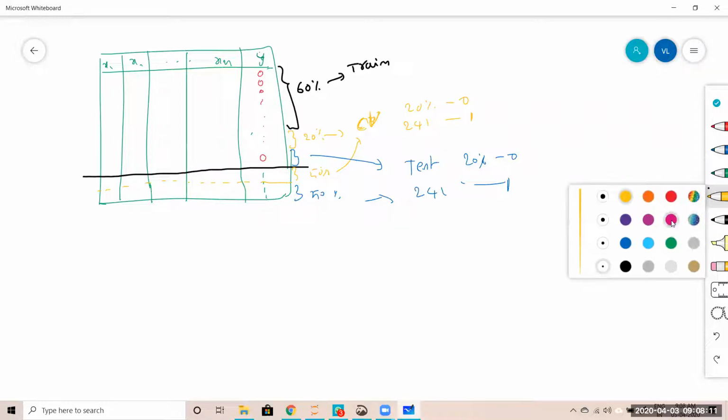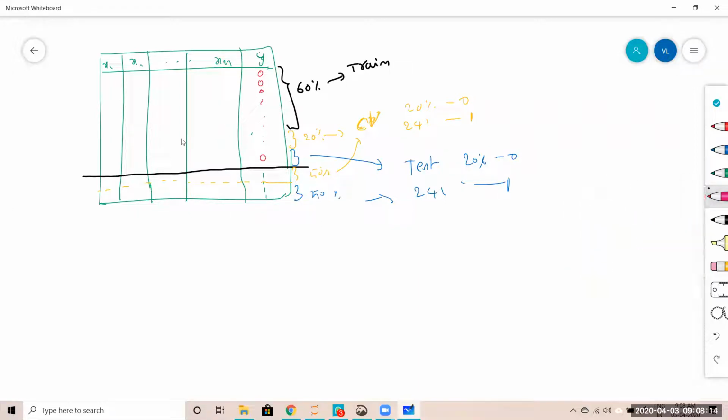For each record, record 1 we will calculate probability: P of X superscript 1, P of X superscript 2, P of X superscript 3, like that we will find for maybe N, maybe R number of records, P of X R. How do you find this probability? We will use the normal distribution probability density function.